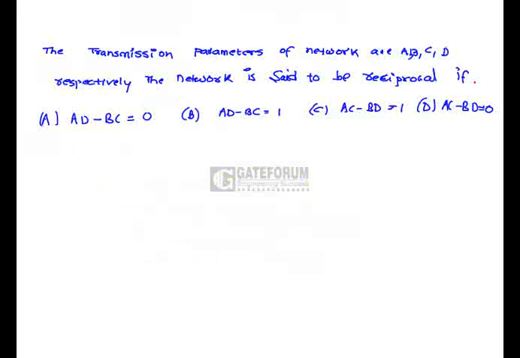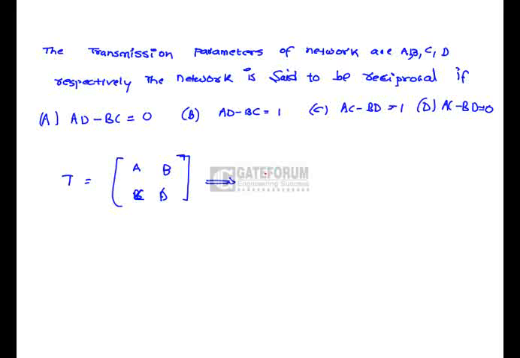Transmission parameters of the network are A, B, C, D respectively. The network is said to be reciprocal if and only if. Here A, D, B, C. So this is the T network.